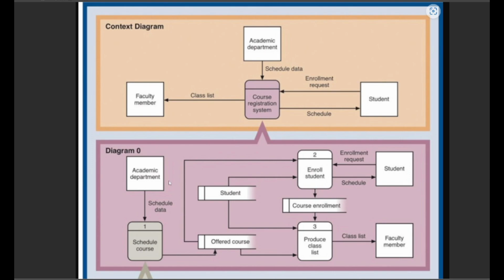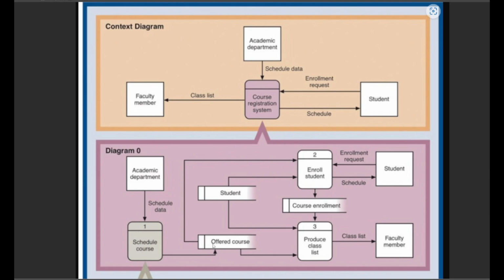Okay, so first, the academic department will schedule the data, and it will perform a process. It might be manual or a computer-based operation. So schedule the course, and then it will save whatever data has been processed in this number one here, process number one.